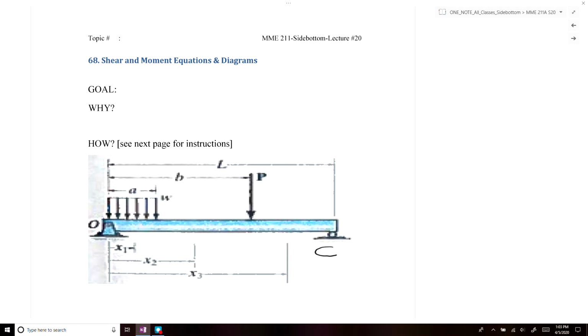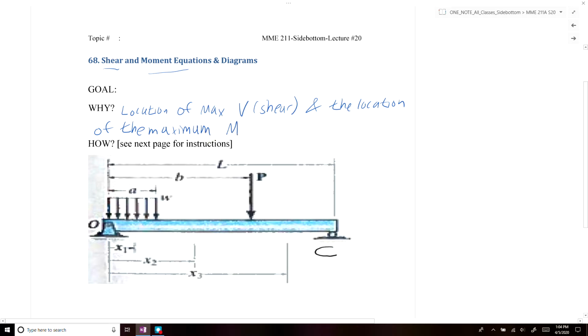The reason we're interested in drawing shear diagrams and moment diagrams is that the location of the maximum shear force and the location of the maximum moment within a structure are the most likely failure points within a rigid body.